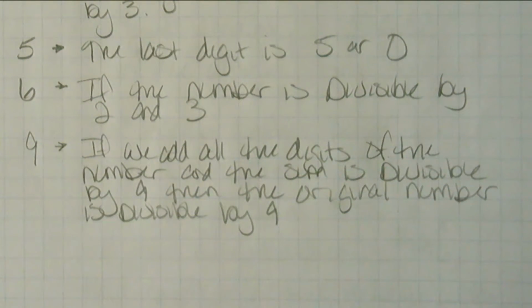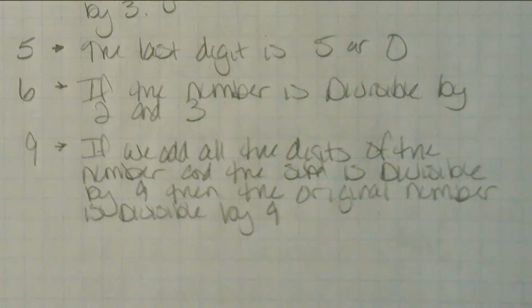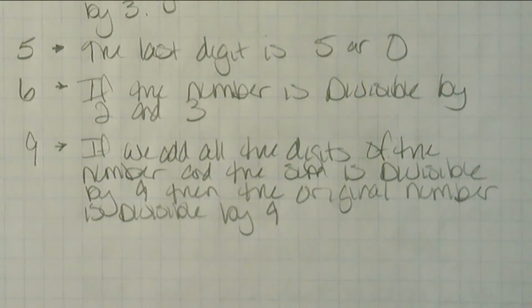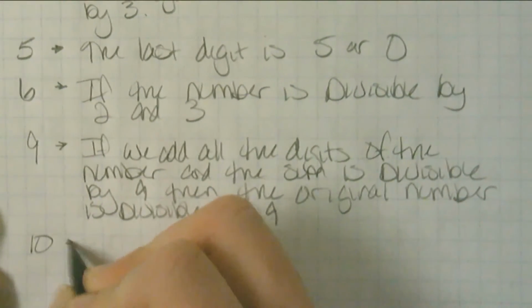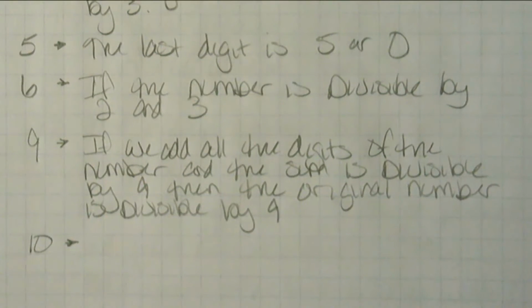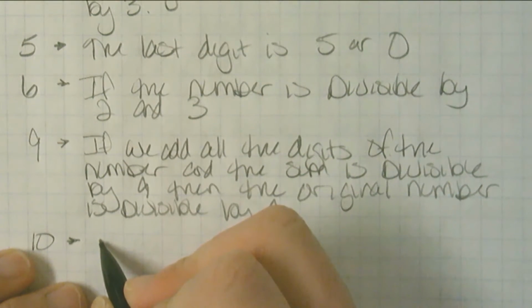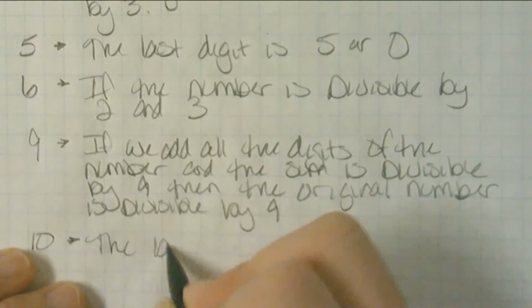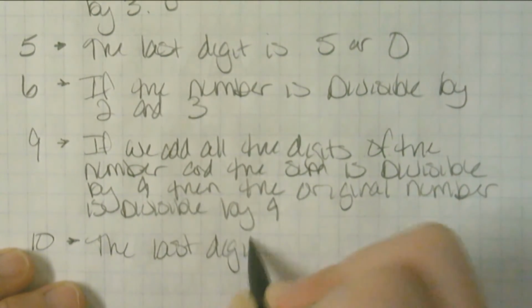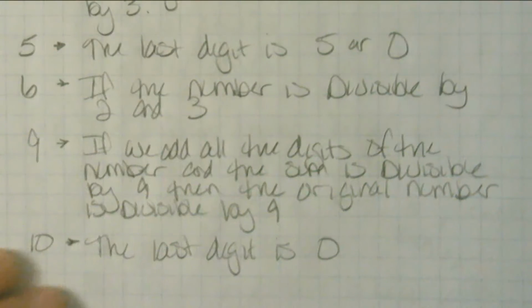So if you add all the digits of the number, and that sum is divisible by 9, then the original number is divisible by 9. How about 10? Aaron? Yep, the number ends in 0. The last digit is 0.